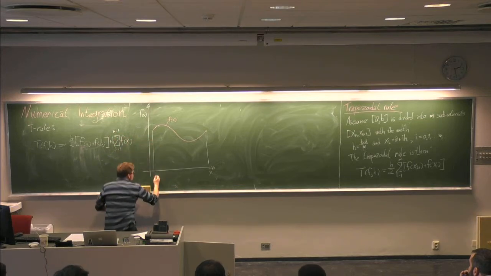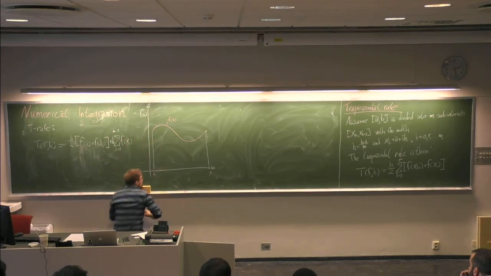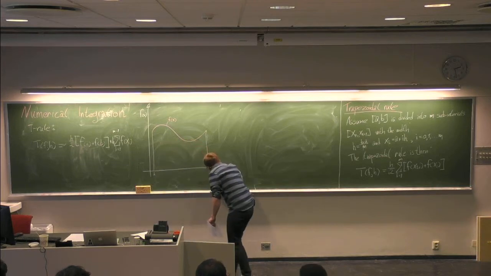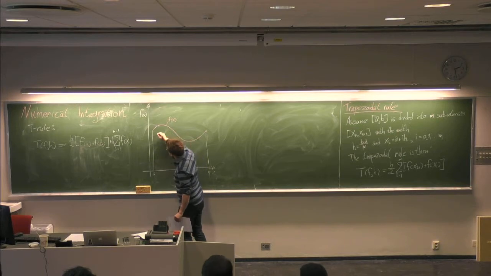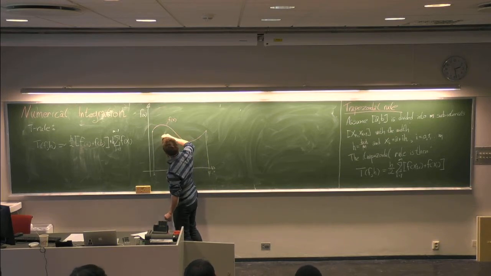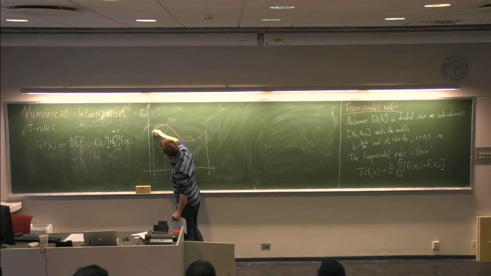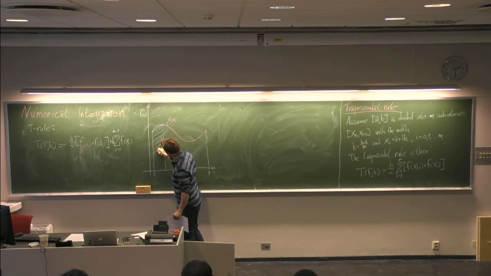We will have, well, this is the start of the interval a, the end b. So we will have here, and then some kind of evaluation here, which basically means we get a trapezoid going like this, and then we sum this one.